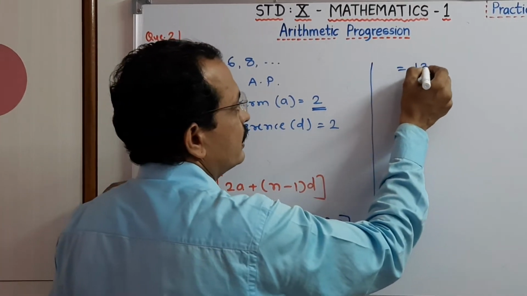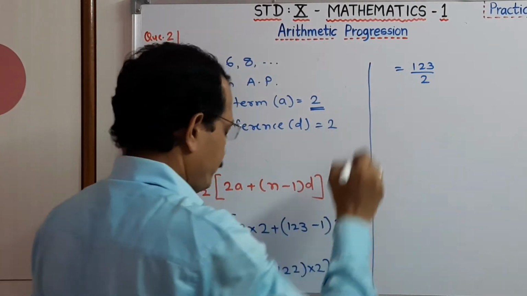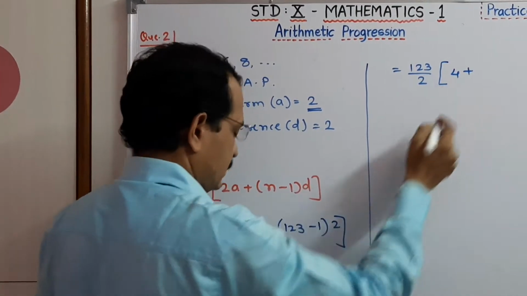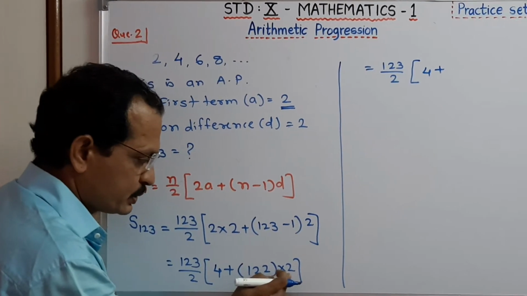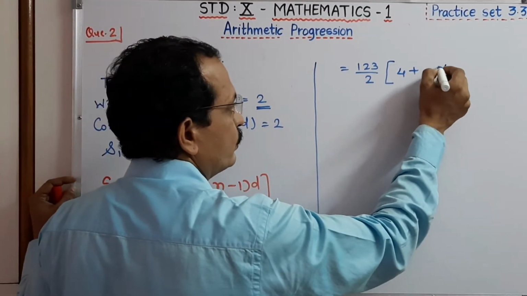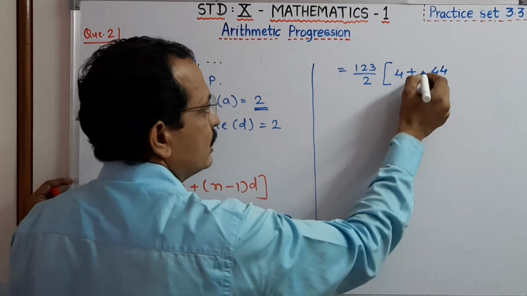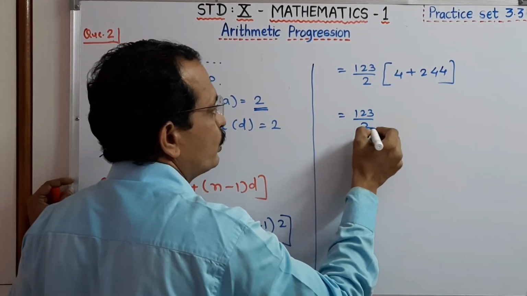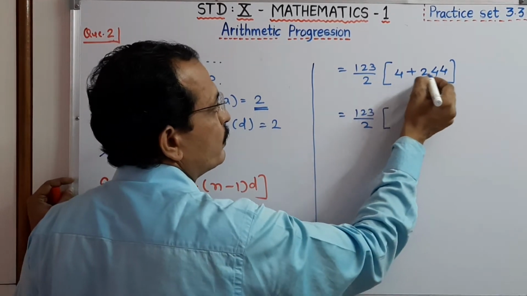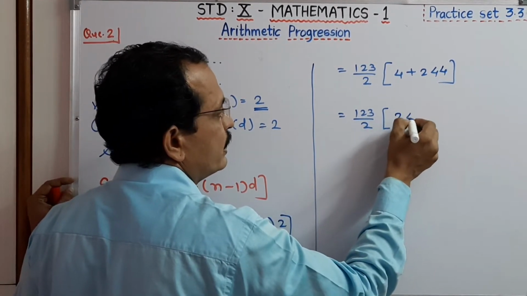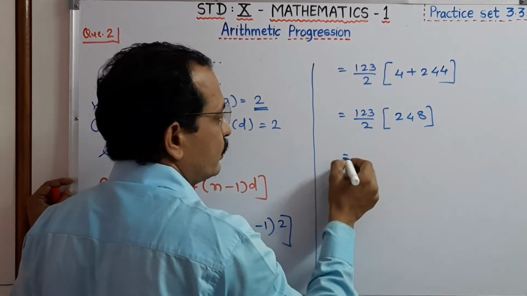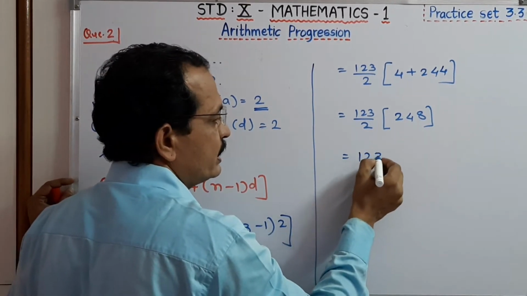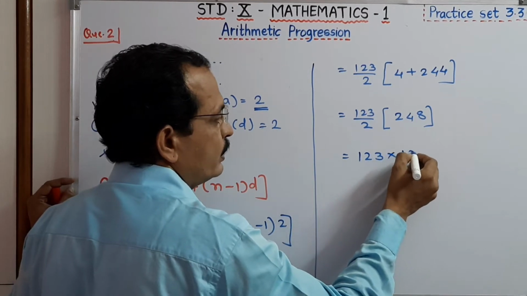It is 123 upon 2 into 4 plus 244, it is 248. Now dear student, divide this 248 by this 2, it is 123 into 124.